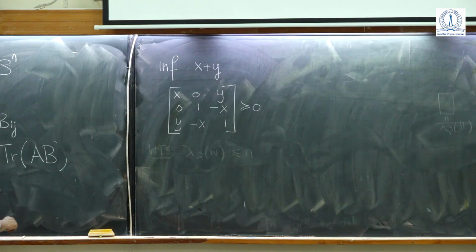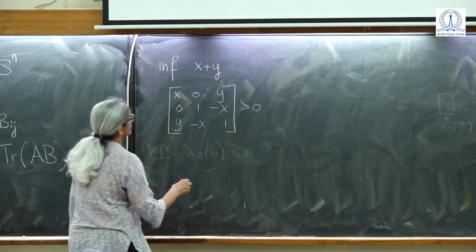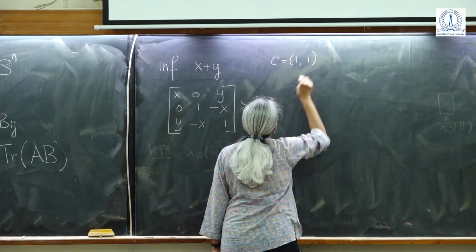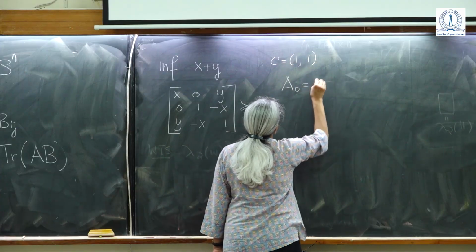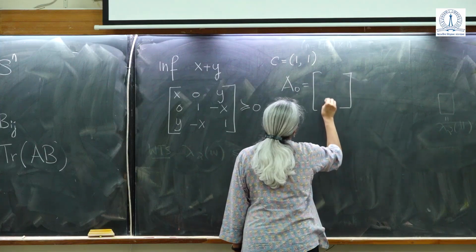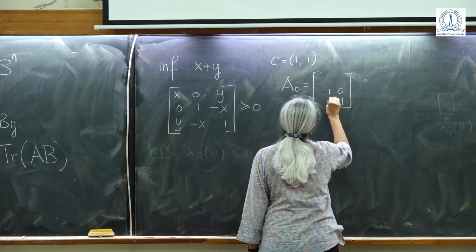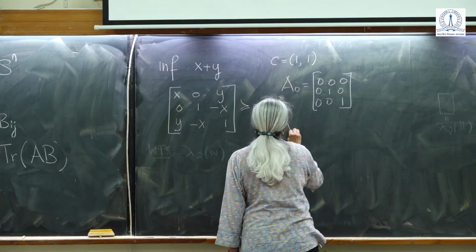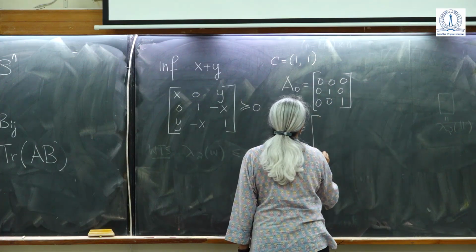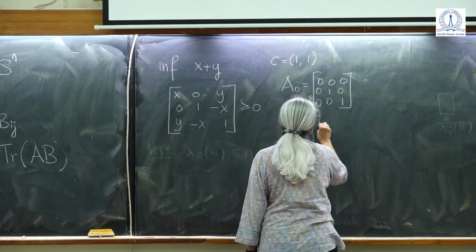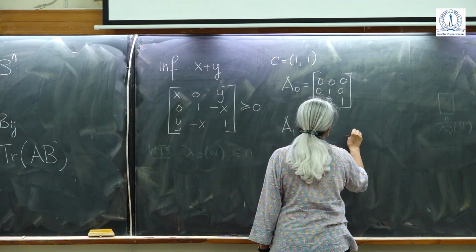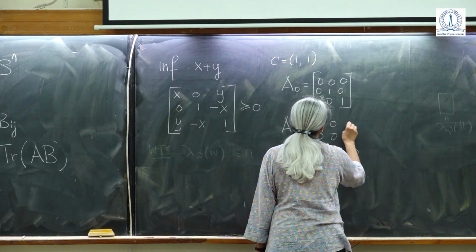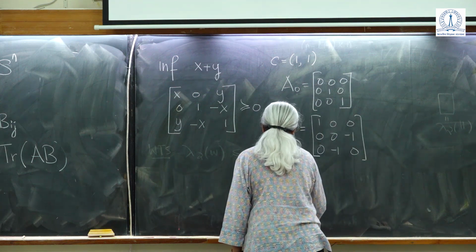You have to tease out what all the matrices are. So the C vector is 1, 1. I'll write this out. The A0 part we had before. And then there is an A1 part, and there is an A2 part.